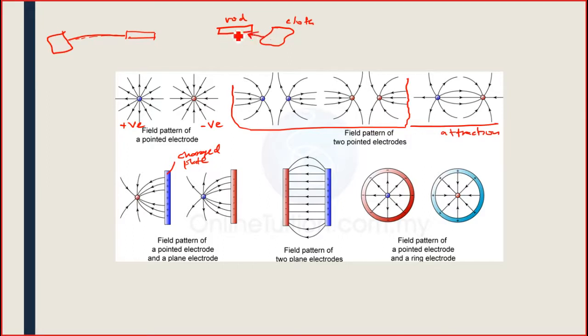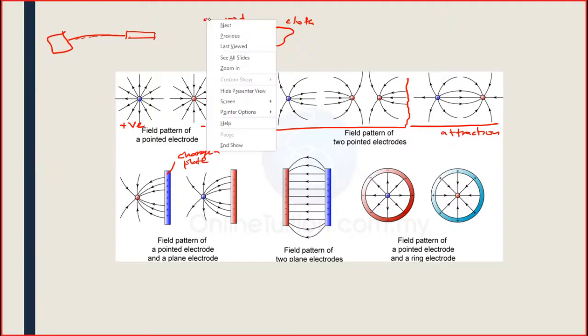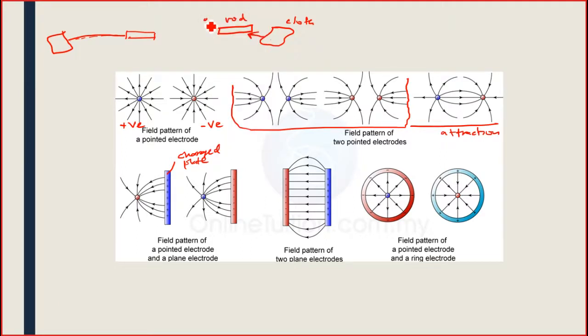Once the rod is negatively charged and you put a point charge particle over here, the particle will interact with the rod. Something similar to this one.